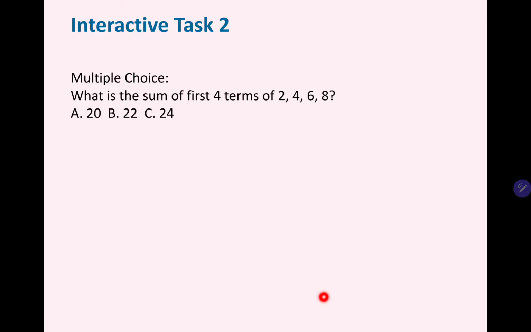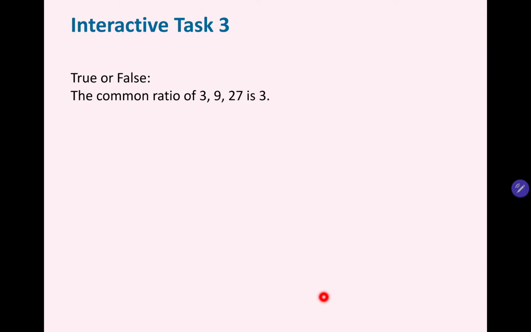What is the sum of the first 4 terms: 2, 4, 6, 8? Remember, the sum of a number of terms is different from a particular term. Next is a true or false question. The common ratio of 3, 9, 27 is 3. True or false?